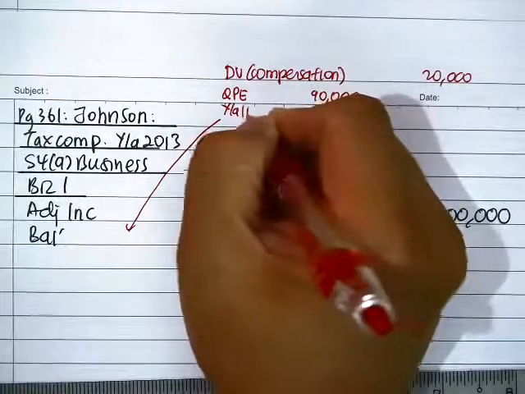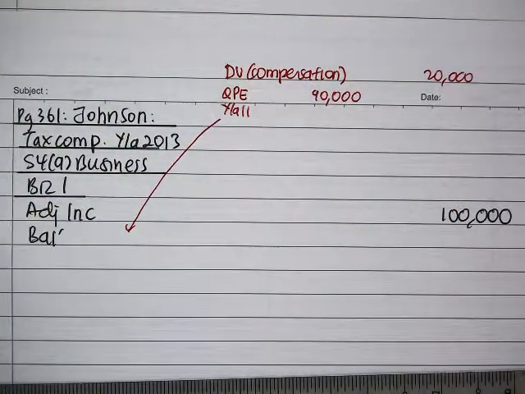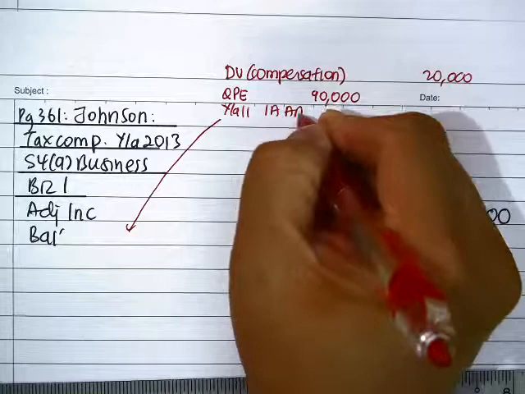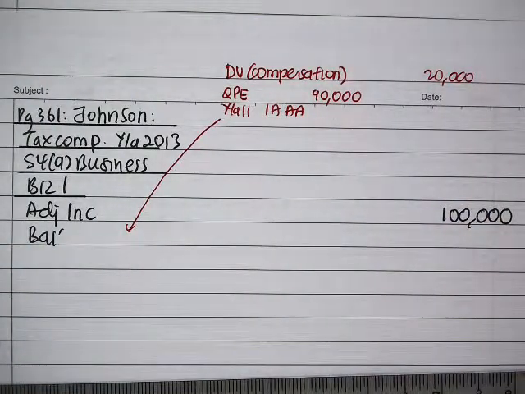That's YA 11. That's my first year that I will claim IA and AA.